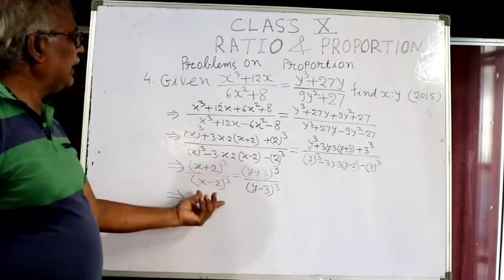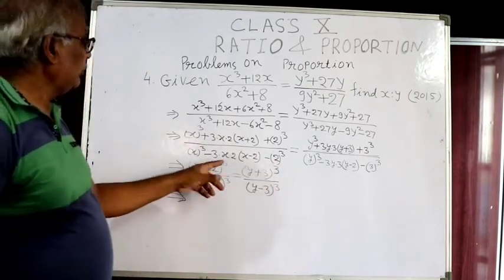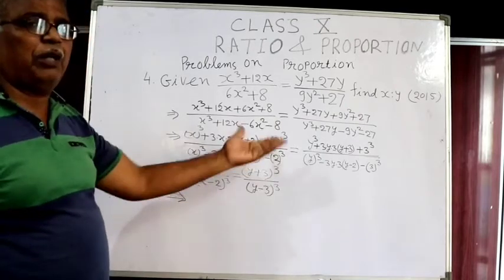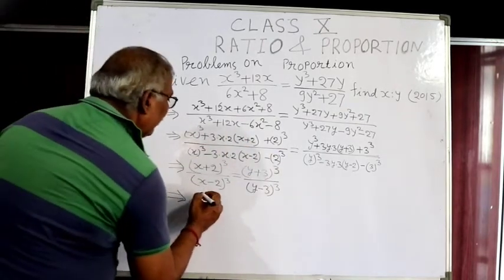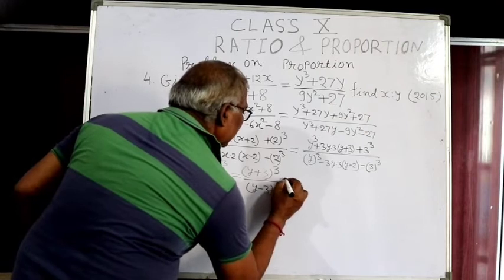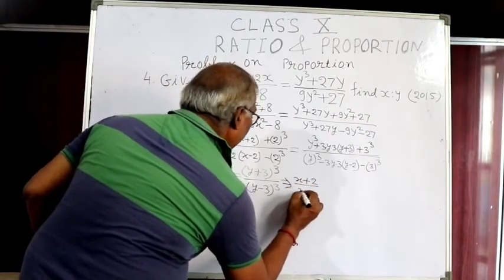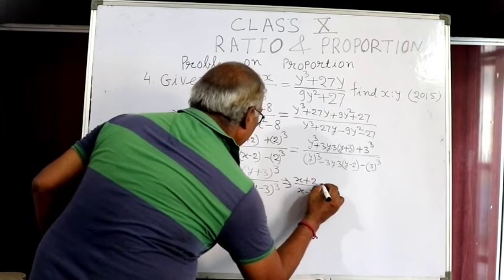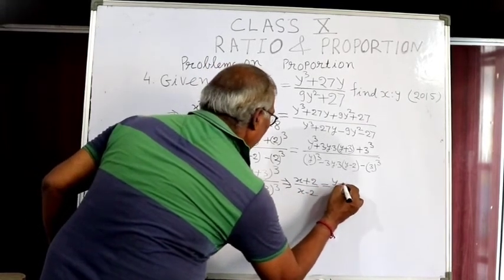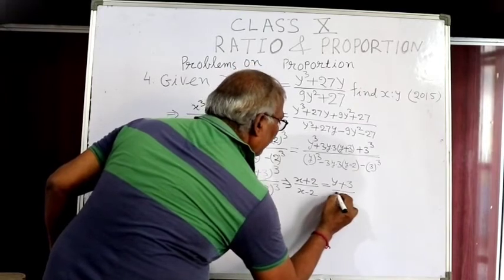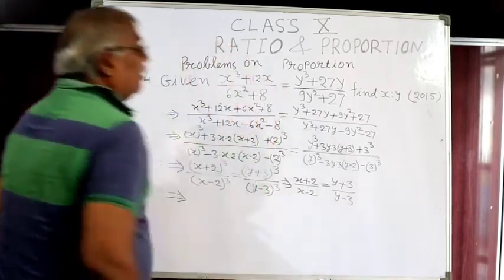Here in the numerator and denominator there are cube powers. Removing the cube powers from both sides, we get x plus 2 upon x minus 2 is equal to y plus 3 upon y minus 3.